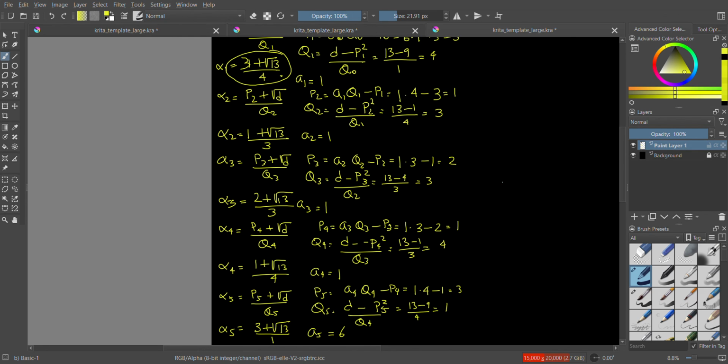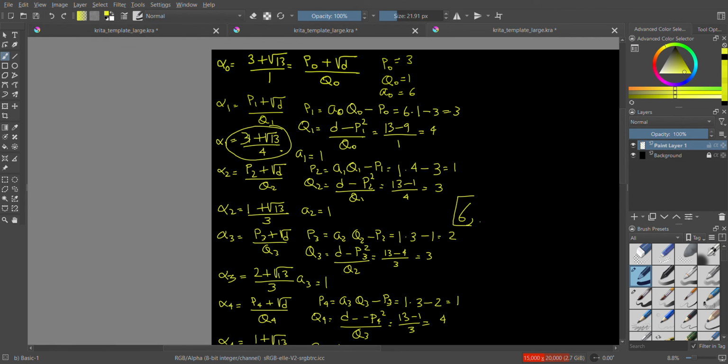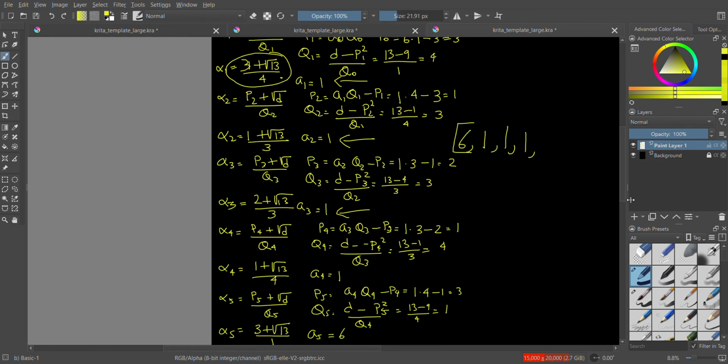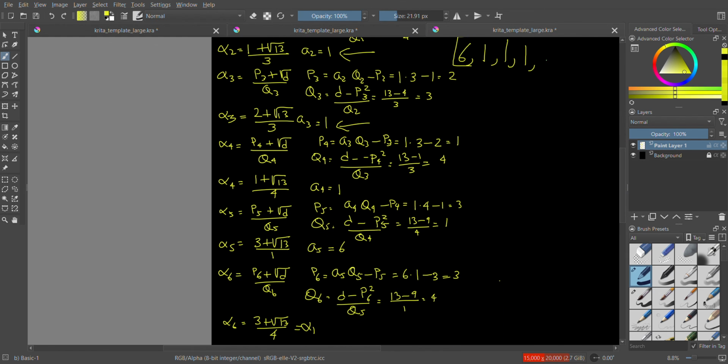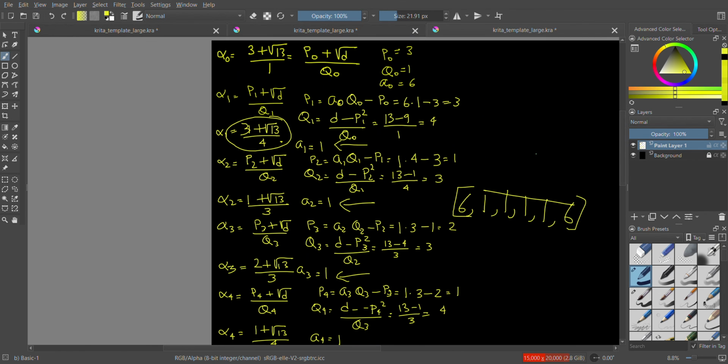Okay, and if we read out our equation, our A0 was 6, and then if we start reading our A's, 1, 1, 1, 1, 1, and there's our 6, which is exactly what we obtained before for 3 plus square root of 13.